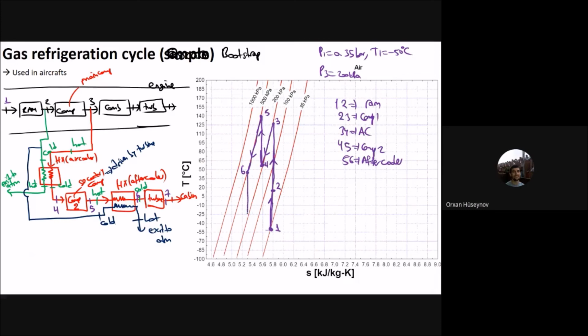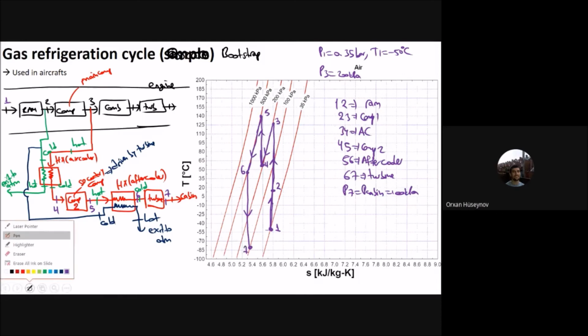The turbine drops the pressure to the cabin pressure. This is the turbine, and 6 to 7 is the turbine, and it drops the pressure to the cabin. So P7 is P cabin, and it is 100 kilopascal. Then you will have this cooling effect that goes along this line here. This one is 7.